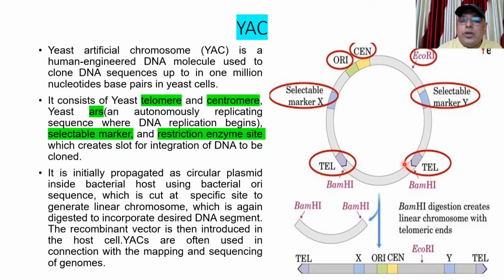So what happens while constructing the artificial chromosome? We cut these two sites and segregate this stretch of DNA. So here you have got circular DNA, a circular artificial chromosome, you can say.